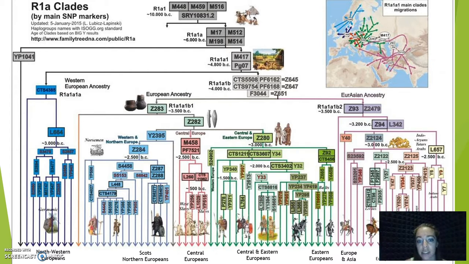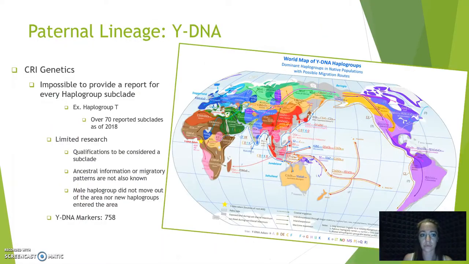But someone who's R1A1A1B still has mutations that occurred from thousands of years ago. What that last table also showed was how many reports it would take to do every single haplogroup subclade.